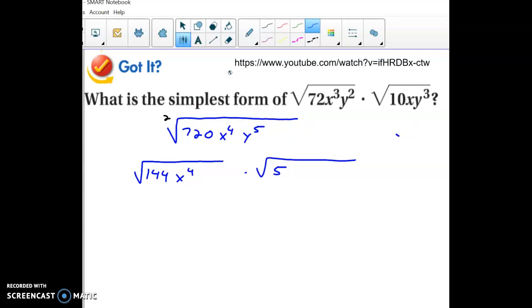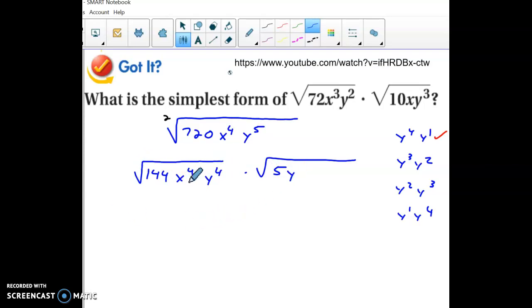In the last lesson, we talked about y to the fifth can break to y to the fourth times y first, y cubed times y squared, or y to the first times y to the fourth. But we want the highest possible here that is divisible by 2. So the very first one down works, and that's what I want to use. I want to put 4 y's here, so now it's divisible by 2. And then we have 1 in my leftover pile.